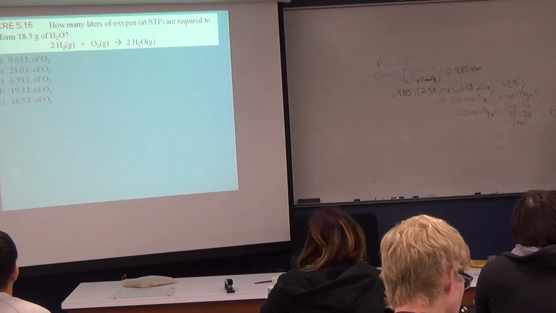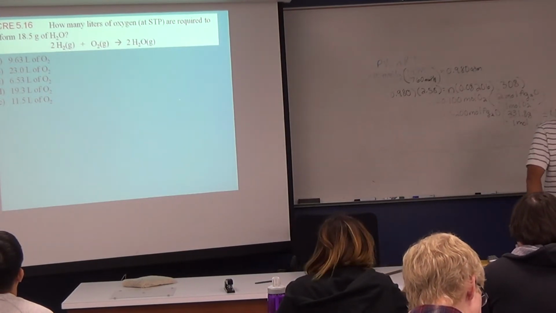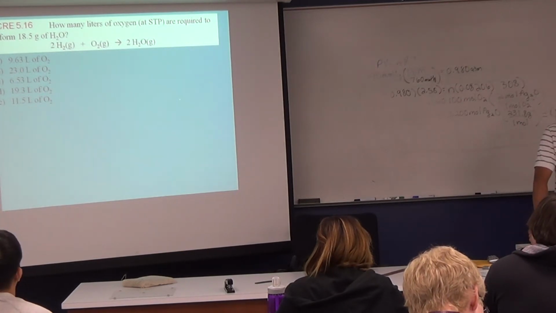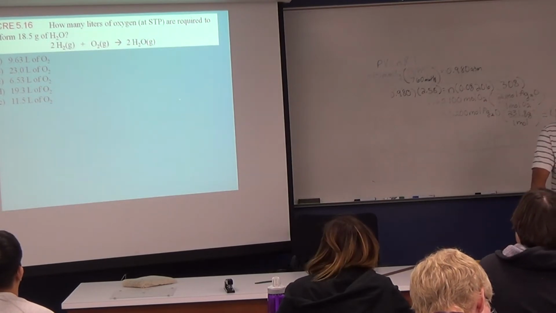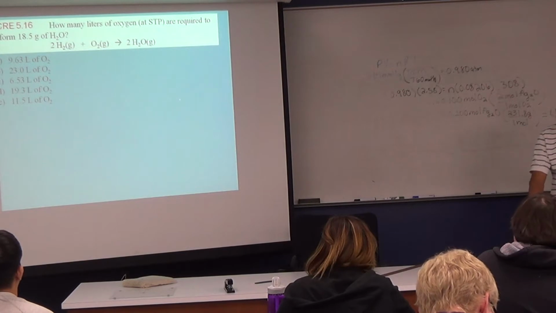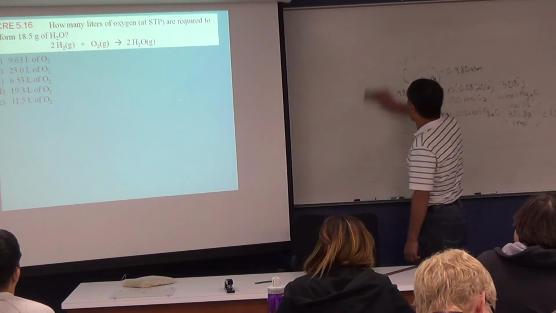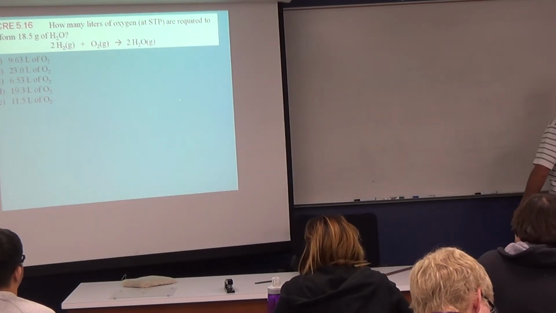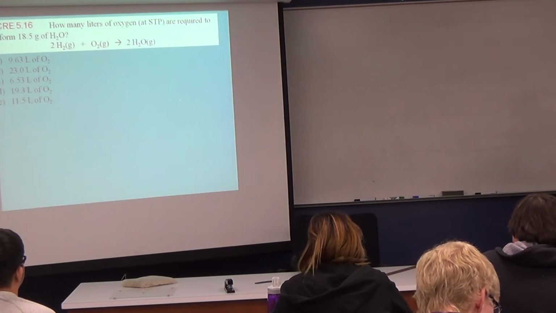So now you want to find out how many liters of oxygen gas at STP are required to produce 18.5 grams of H2O. Okay, so let's see. We want to find out.